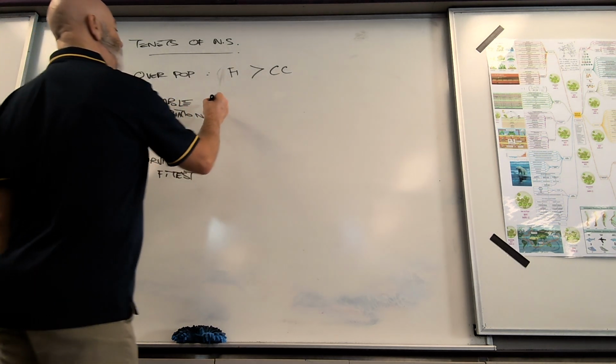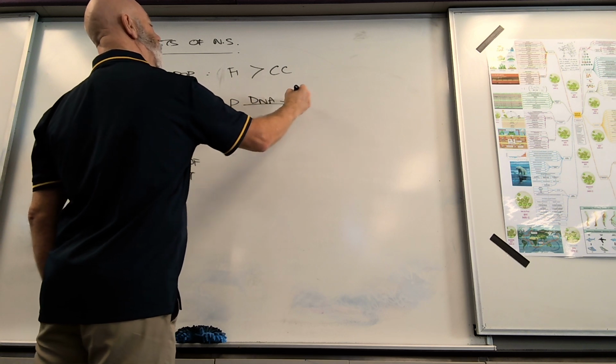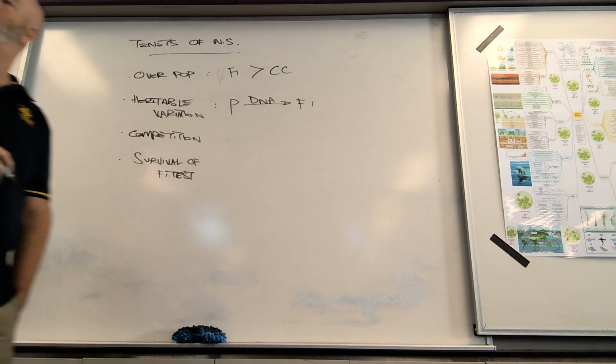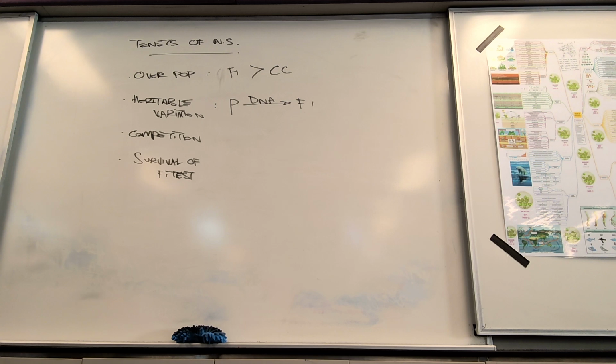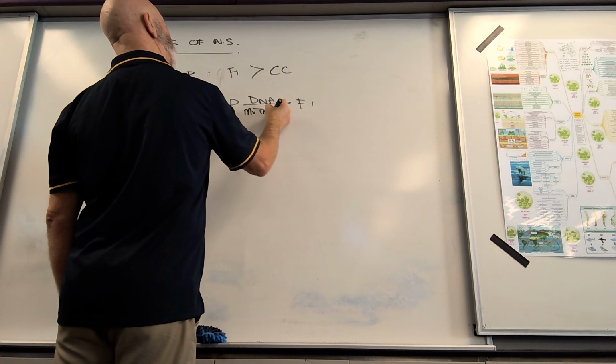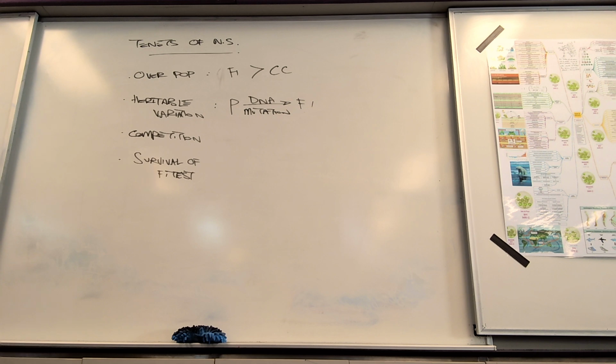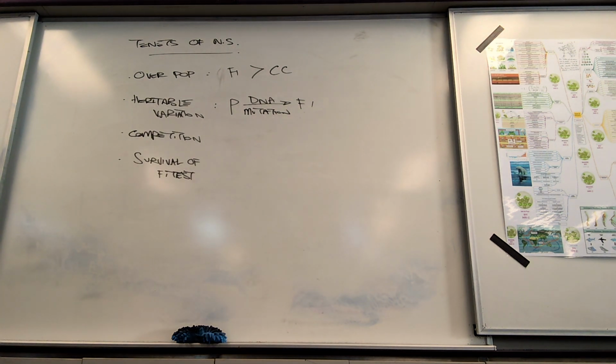Heritable variation means that the parents are going to pass their DNA onto their offspring. In particular, what are they passing on? Mutations. How do you define mutation? Permanent change in the DNA or a permanent change in the genetic code.